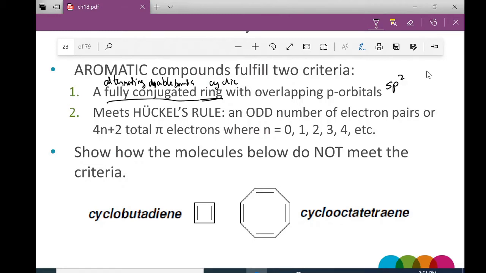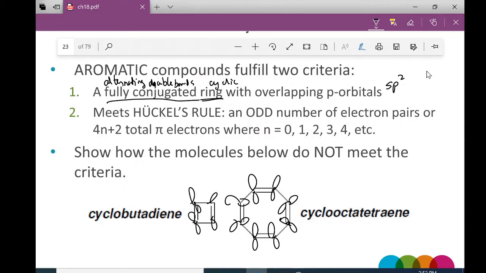What's that mean? That means they're all sp2 hybridized. So we have to have a ring that's fully conjugated with overlapping p orbitals that are sp2 hybridized. So think about that. We've got the potential for overlapping p orbitals, and it has to be sp2 hybridized. So both of these compounds meet that first rule, okay?